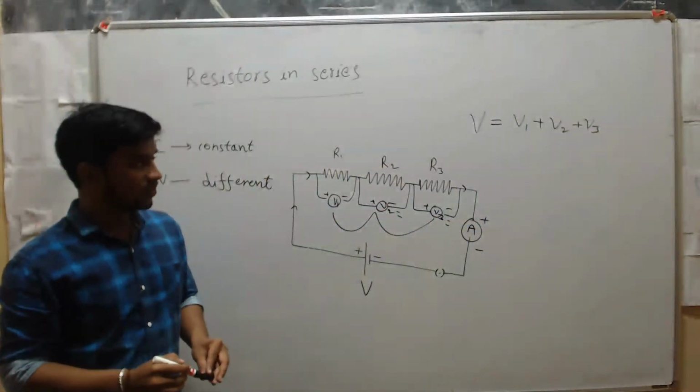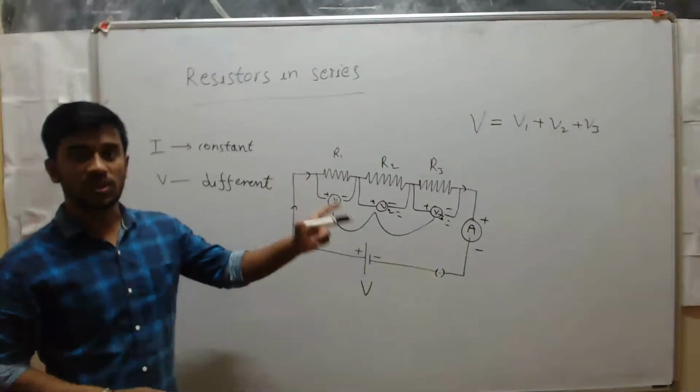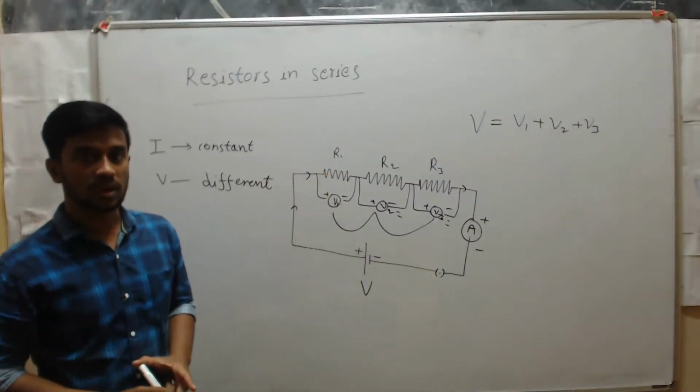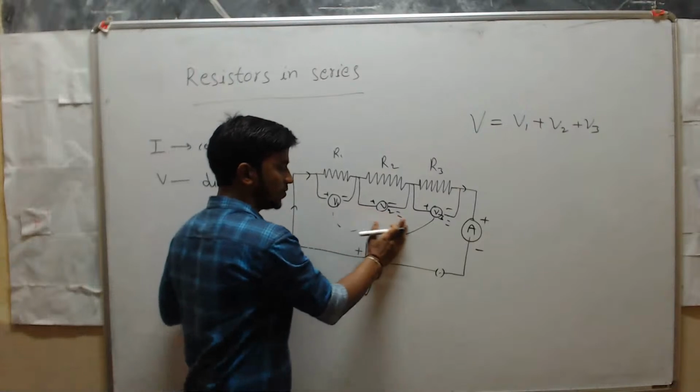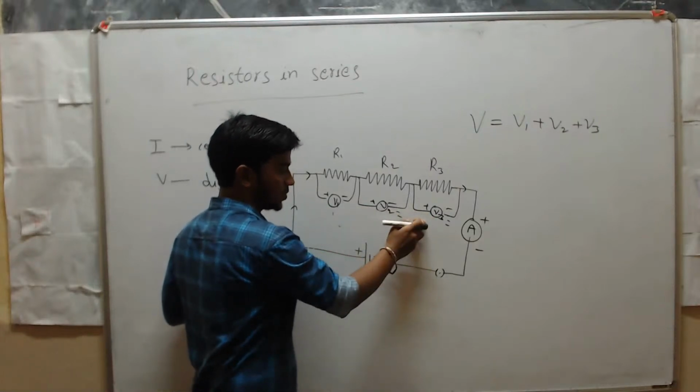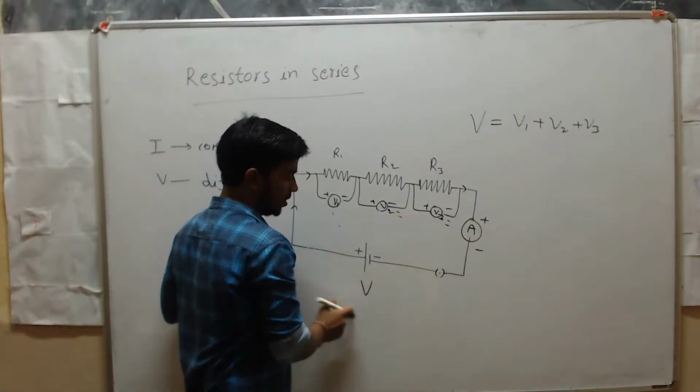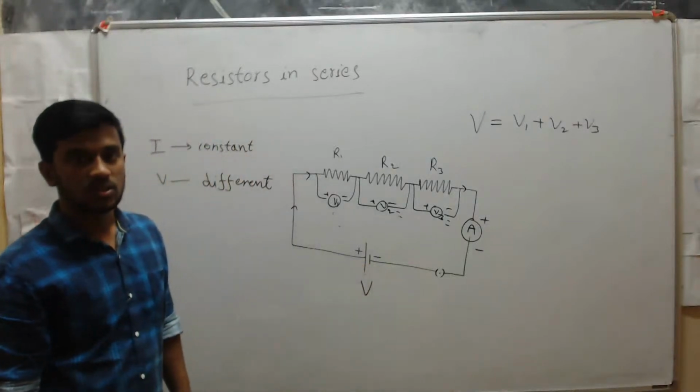So clear? V equals V1 plus V2 plus V3. If you add these voltages, you will get the original voltage. So clear, right?